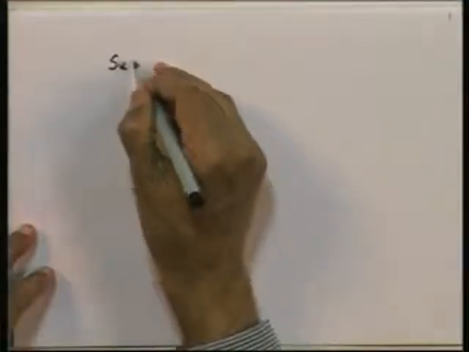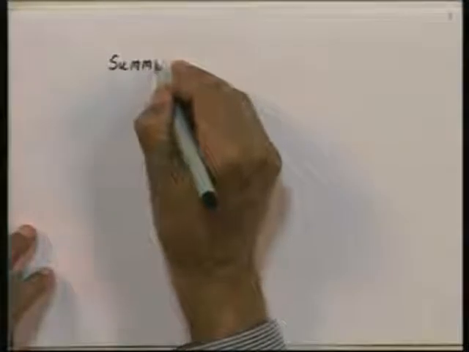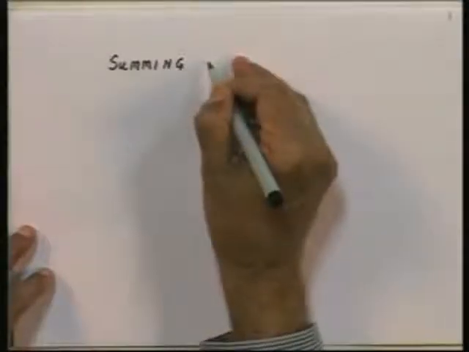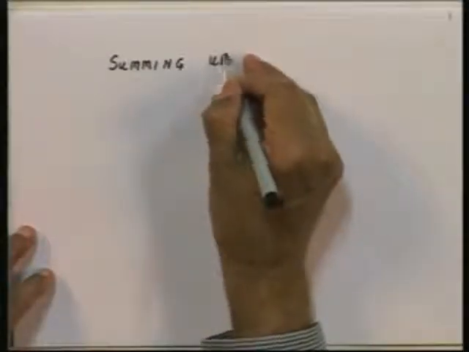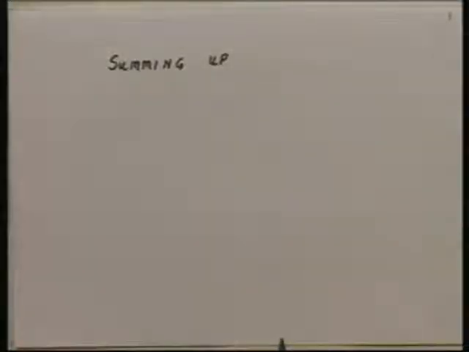Now, let me conclude today's lecture as well as this whole topic by summing up what we have done in the first three lectures, which we called the introduction. First of all, remember, we described various problems of interest to us in heat transfer.